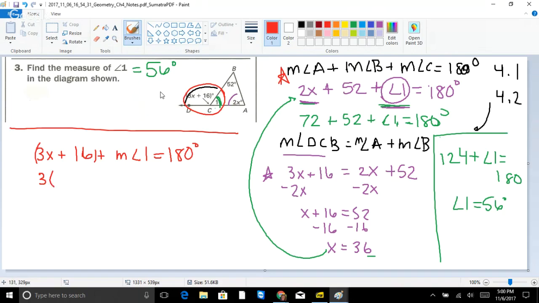So this would be 3 times x, which is 36, plus 16, plus the measure of angle 1 equals 180 degrees.